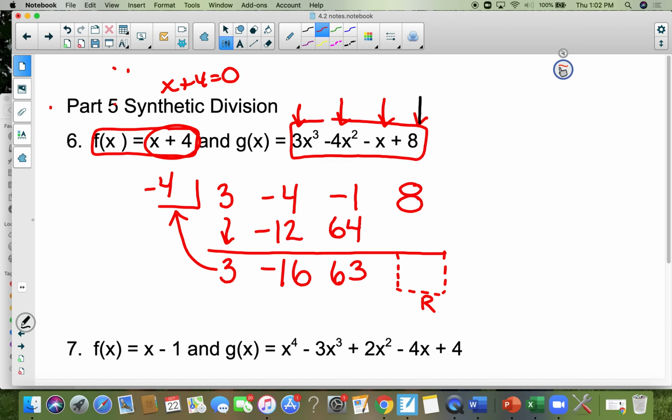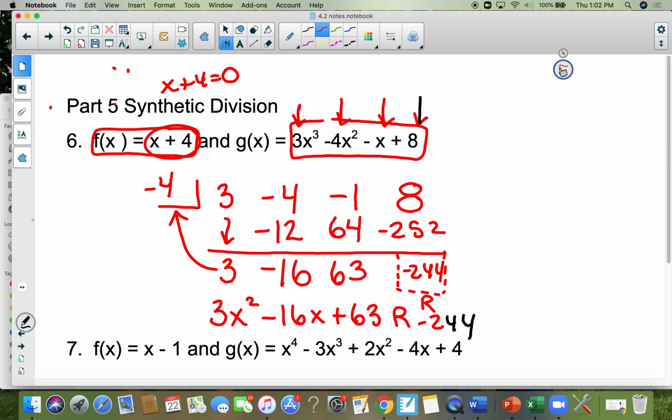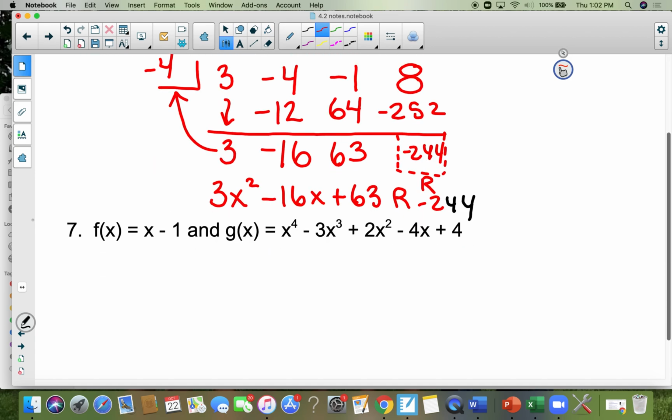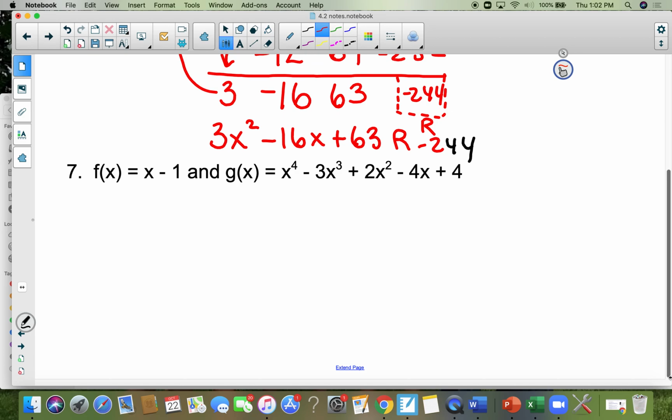But then 63 times a negative 4 is equal to a negative 252, which gives 244. Okay, you have to put this back into a polynomial. So it's always 1 less than what you started with. So 3x to the second minus 16x plus 63 with the remainder of a negative 244. That's called synthetic division. Let's do one more of these, and that's it for the notes for 4.2.